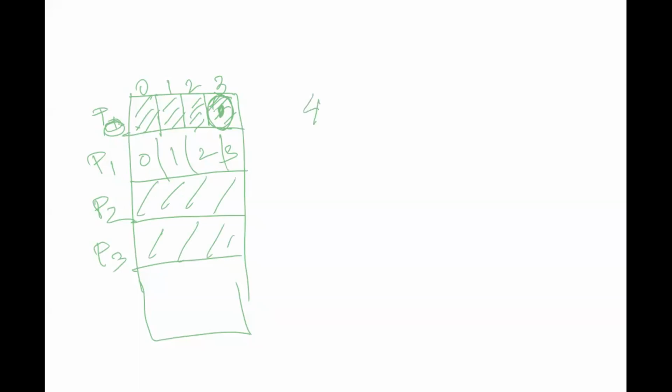So 4 times 4 is a total of 16 bytes, and each byte has its unique address.